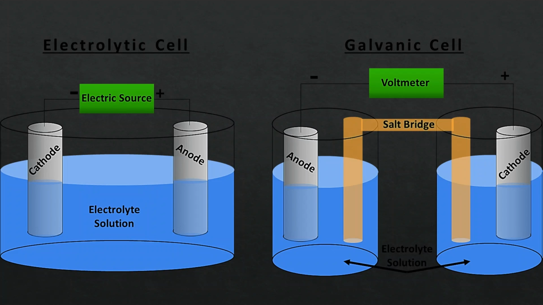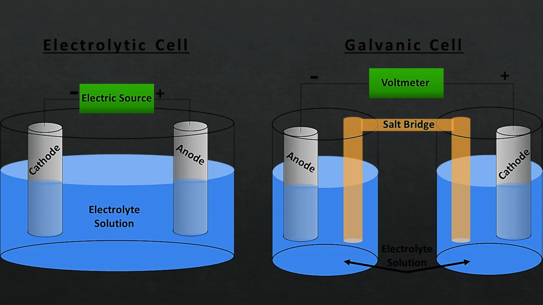There are two main types of electrochemical cells. That is the voltaic cell, which is also known as the galvanic cell. These generate electrical energy from spontaneous chemical reactions. For example, the common batteries we use in household devices.